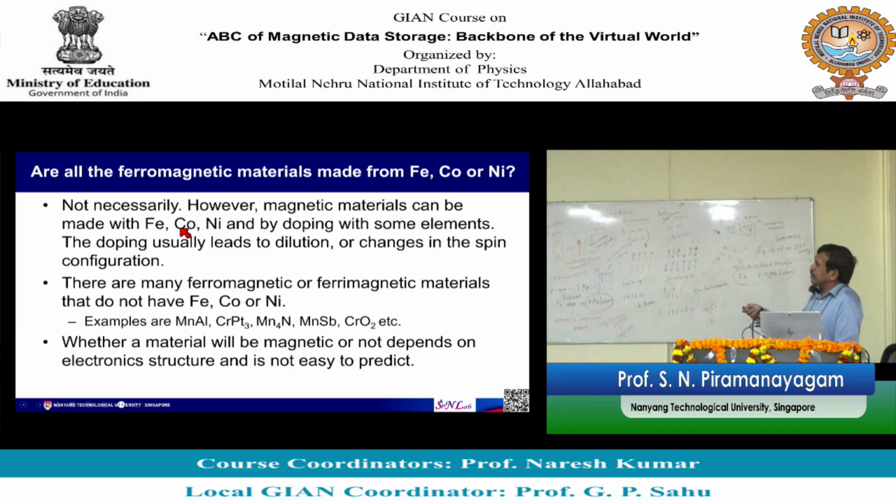It may be an alloy of iron, cobalt, nickel or something like that, but we can also make ferro or ferrimagnetic materials without these three elements. Okay. For example, if you take chrome platinum 3, this is I think antiferromagnetic. Okay. Some of them are ferromagnetic here. So, we can also make ferro or ferrimagnetic materials without these.